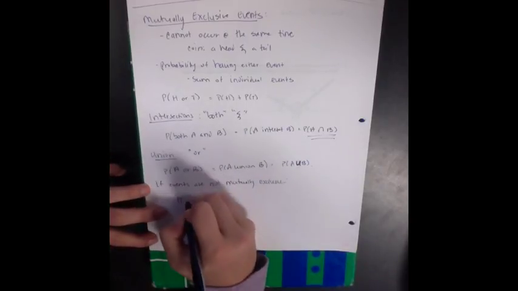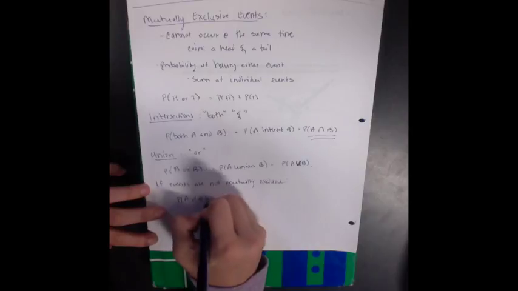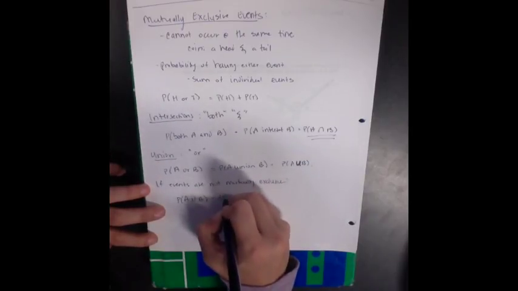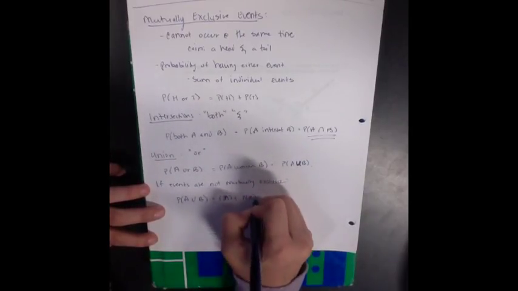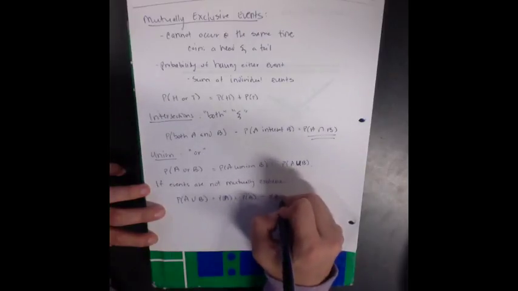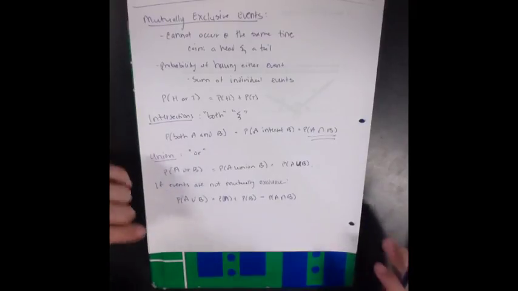So we use this formula: A union B is the probability of A plus the probability of B minus the probability of A intersect B, A and B. The reason we do this is to avoid counting the same probability twice. And I'll show you examples of this.